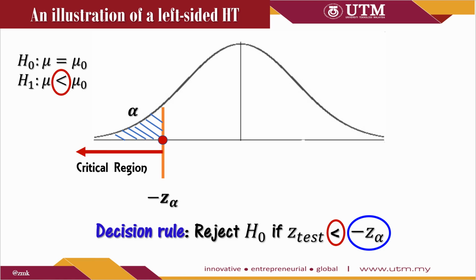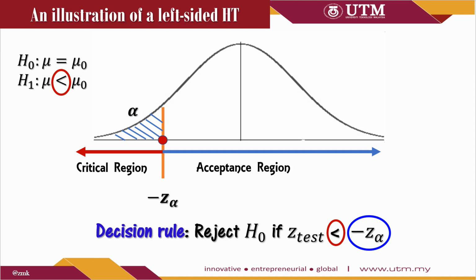The set of Z values above negative Z alpha is what we call the acceptance region. Please note again that you must calculate Z test first based on sample data and observe the location of Z test value on the horizontal axis before you make a decision to accept or reject H0.